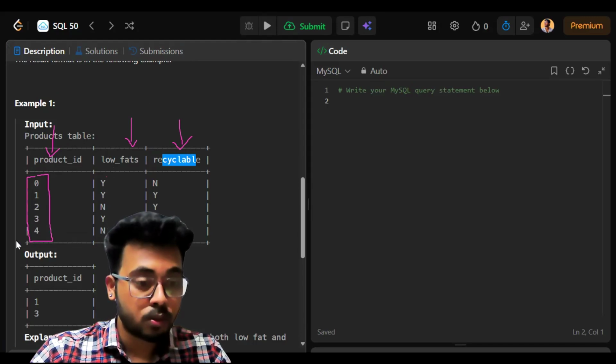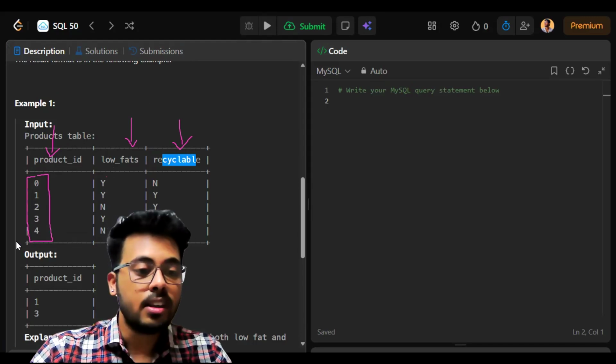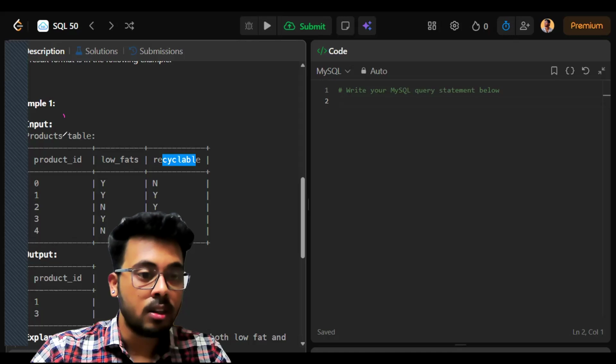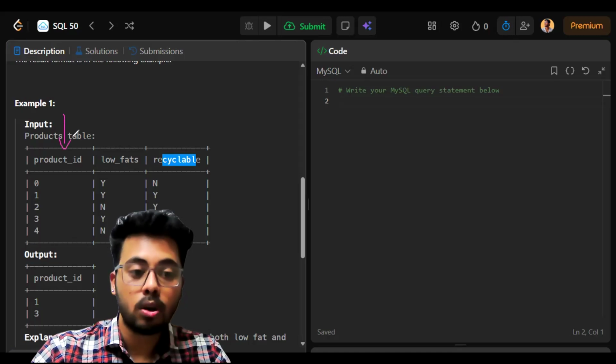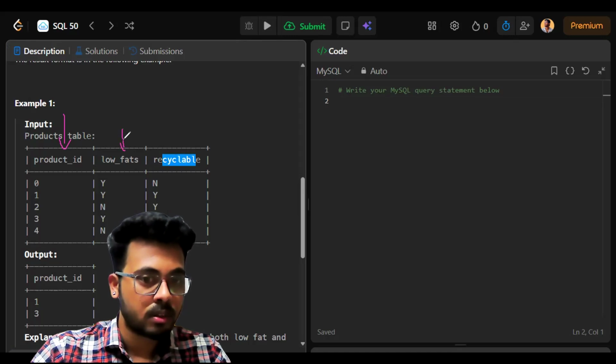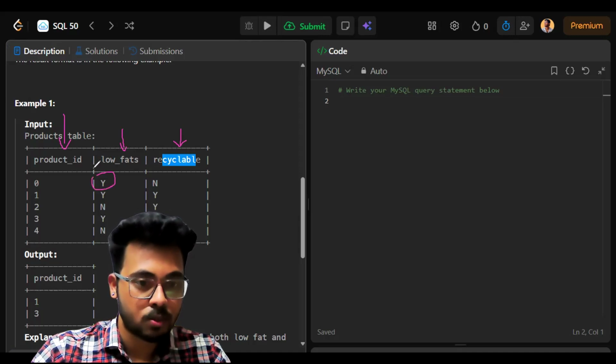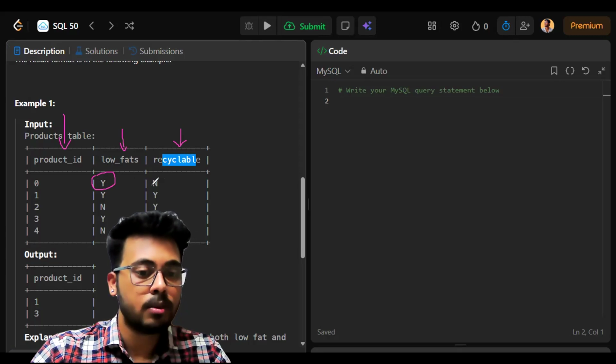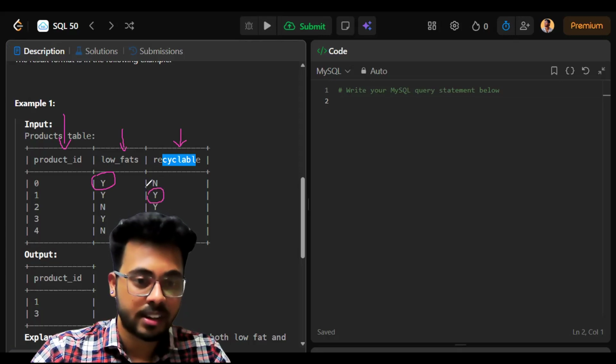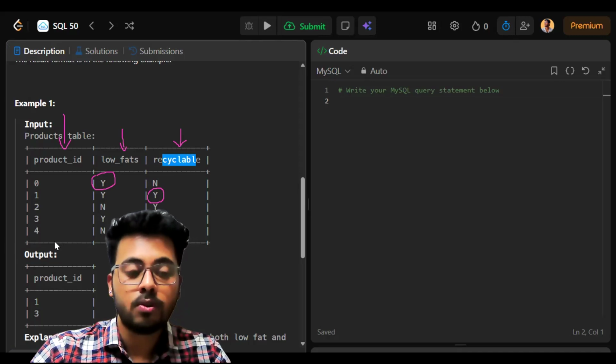Now, what do we need to give in the answer? In the answer, we just need to return the product_id of all those products which are low fat by nature and recyclable by nature. That means all the product_id where low_fats has status Y and recyclable status is Y again. Can you see? Let's understand this solution by manual observation.